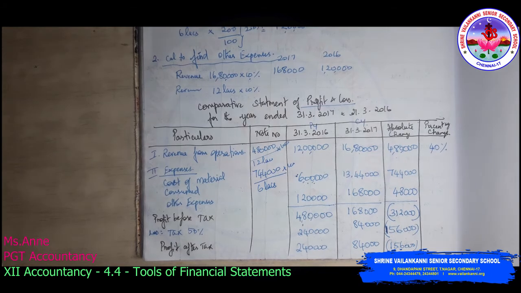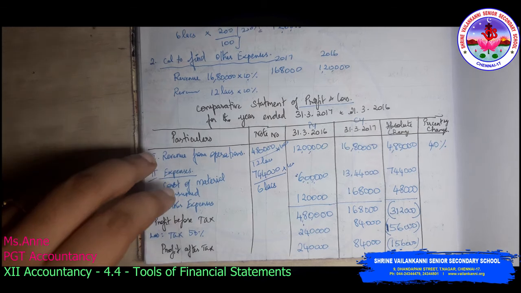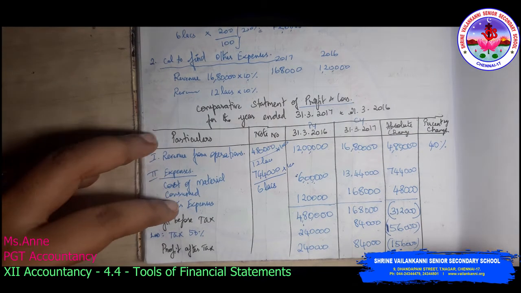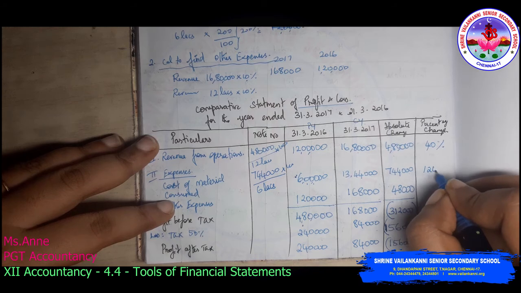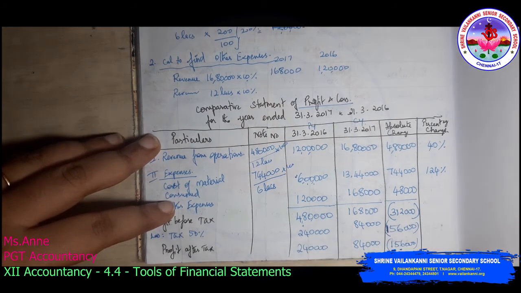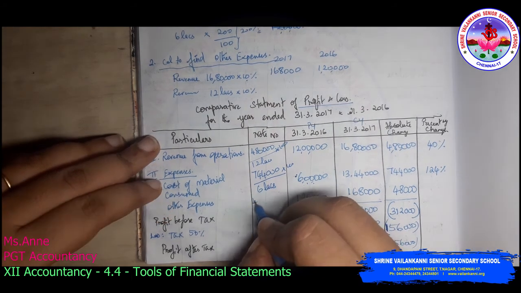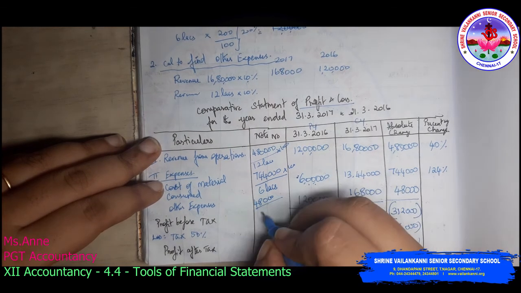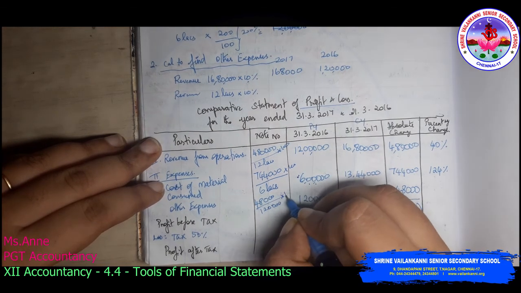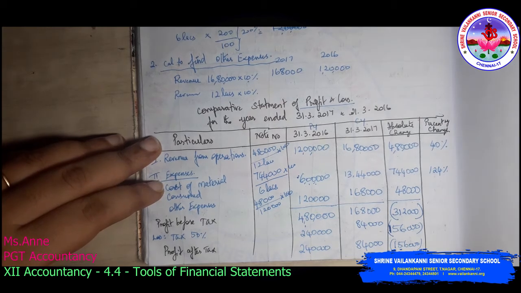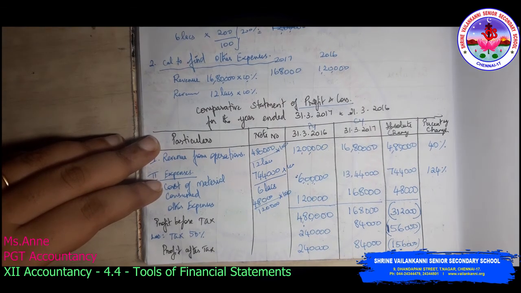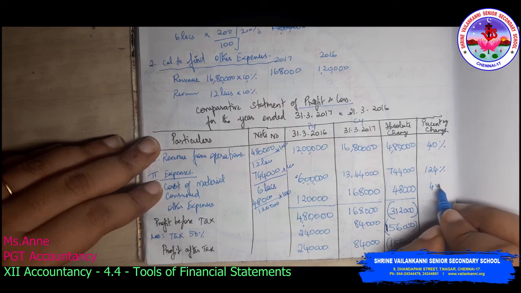So 7,44,000 divided by 6 lakhs into 100, that's going to give me 124%. Then I'm having 48,000 divided by 1,20,000 into 100. So 48,000 divided by 1,20,000 into 100, that's going to give me 40%.